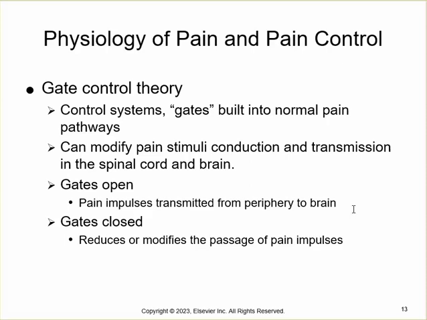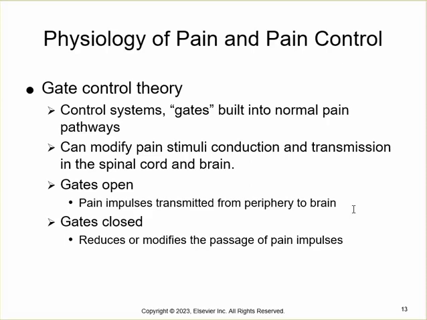So most of this takes place in the spinal cord. And what they're saying is that when the gates are open, the pain gets from that afferent pain fiber all the way up to your brain, up the spinal cord, up these spinothalamic pathways.